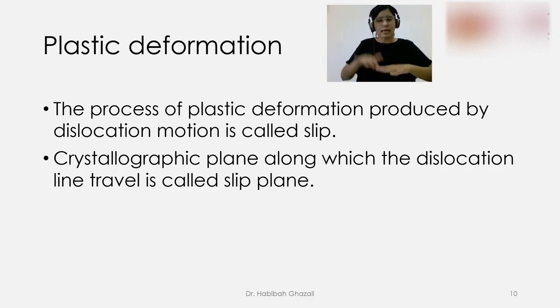It will choose a plane that has a lot more atoms to travel on, because it requires less effort for that dislocation line to move. And this crystallographic plane where they travel during slip is what we call a slip plane.